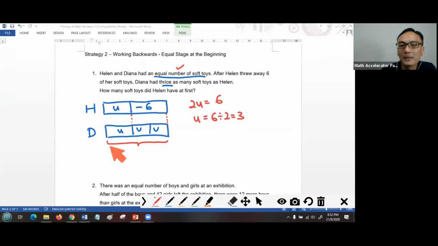So Diana has 3 units. So the value of 3 units is 3 times 3. Thank you, Estelle. We get 9. So if Diana has 9, Helen also had 9 at first, before she threw away 6 of her toys. So your answer should be 9.